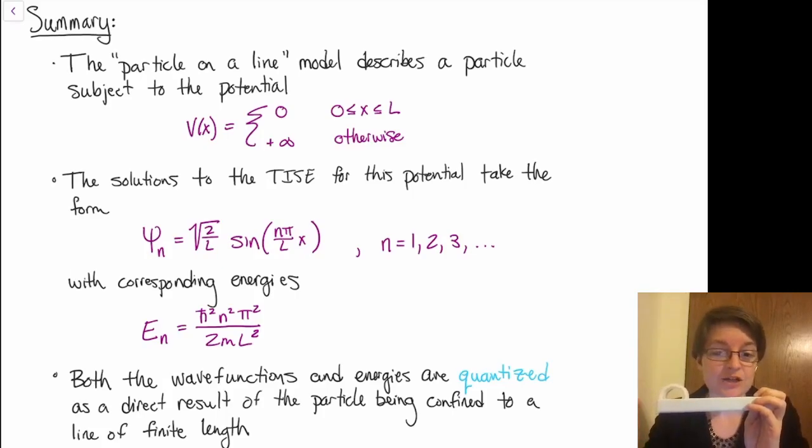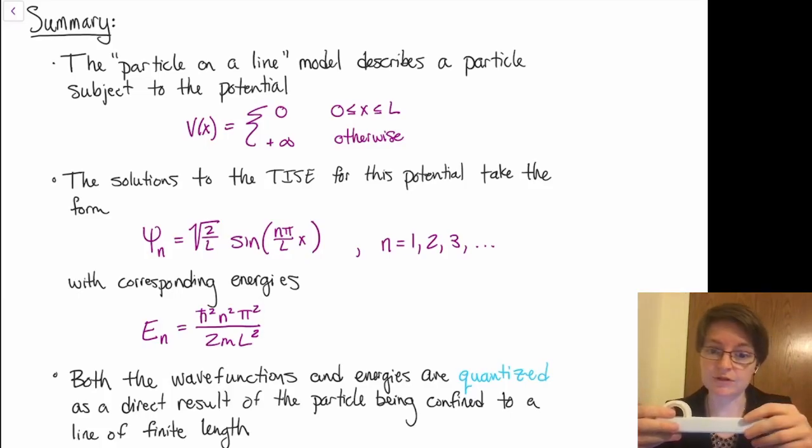We then used the time-independent Schrodinger equation to solve for the wave function itself. And we found out that in fact there are many particular solutions to the wave function for this potential, and they all take the form square root of 2 over L times sine of n pi x over L, n having to be a positive integer, 1, 2, 3, all the way up to very large numbers for n.